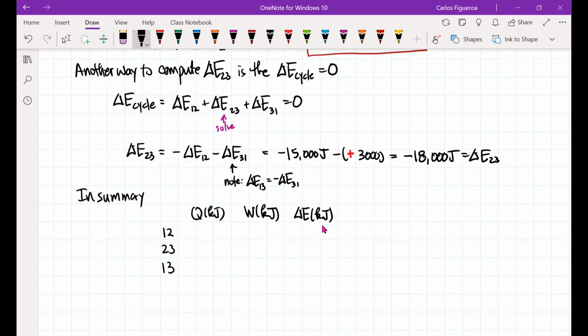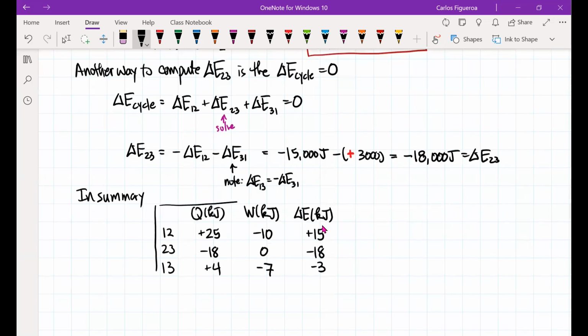If I put in my numbers, this is 25, 18, plus 4. Then continuing along, this is minus 10, 0, minus 7. This is plus 15, minus 18, minus 3.